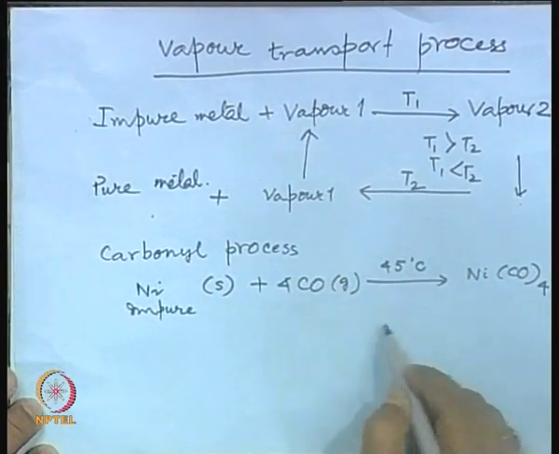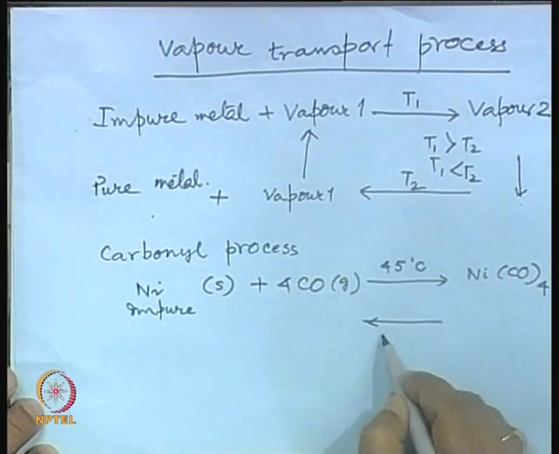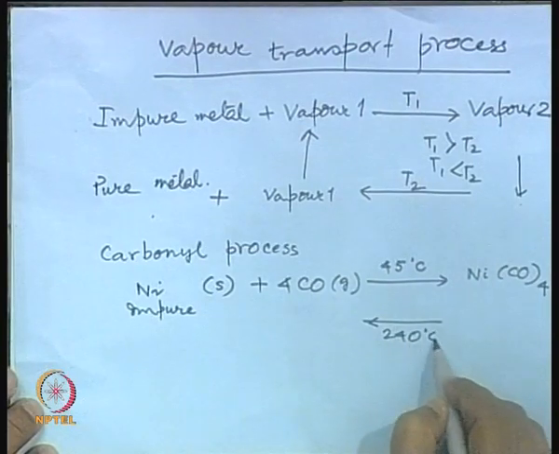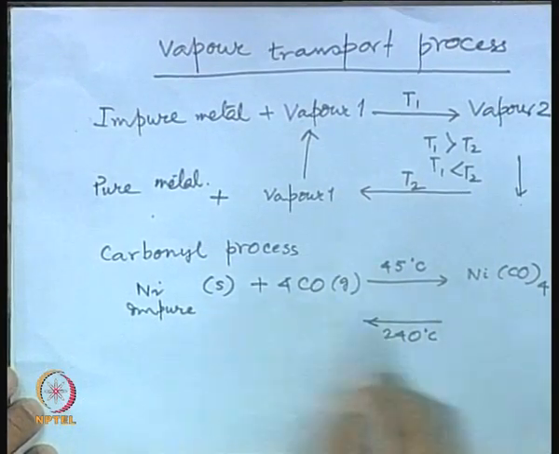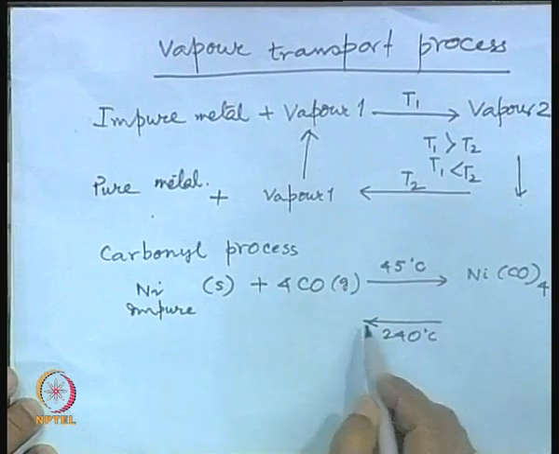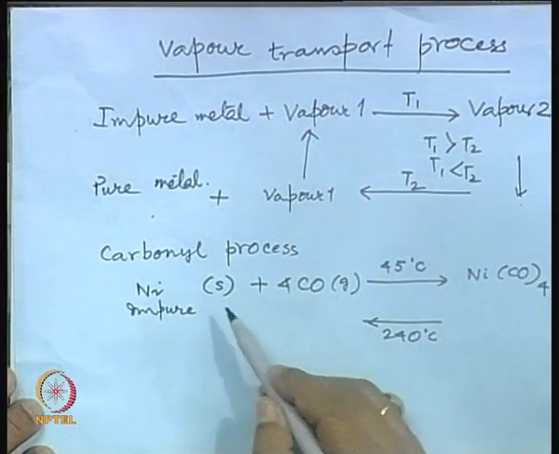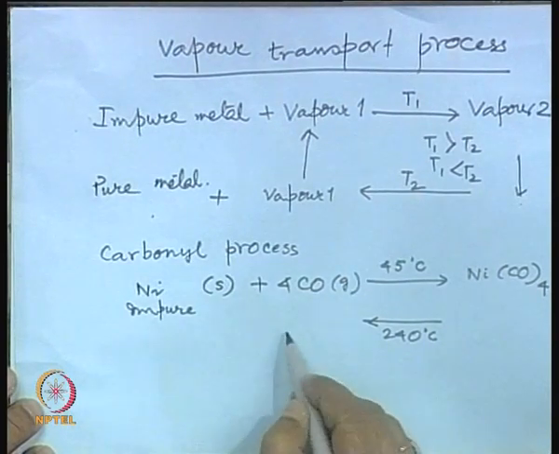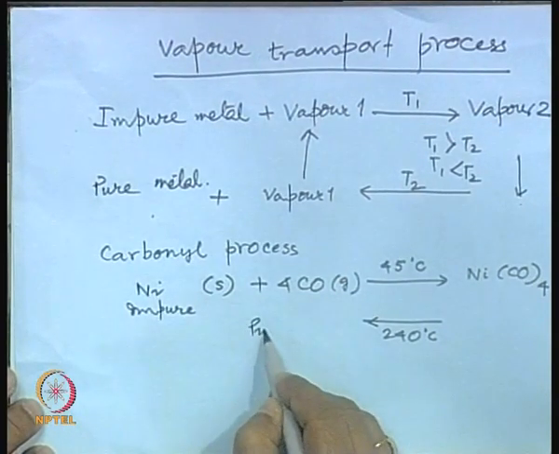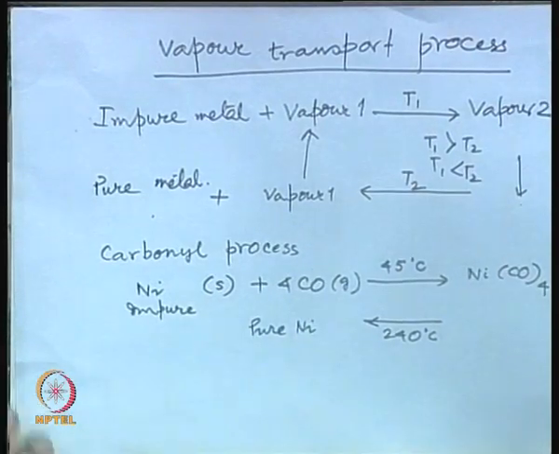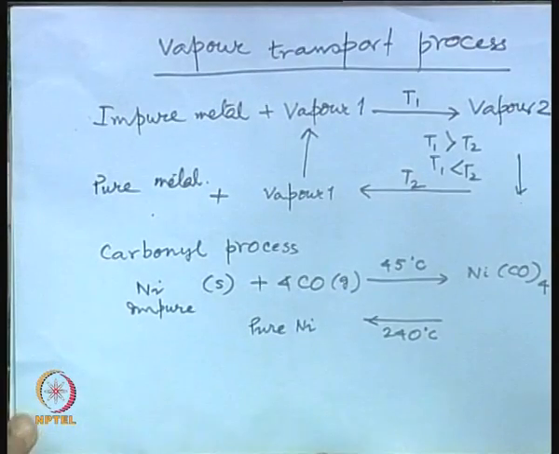This nickel carbonyl at a higher temperature, 240 degrees centigrade, decomposes and the reaction goes this way. So, you regenerate carbon monoxide and now you have pure nickel. It looks very easy, but such a process is very dangerous. Carbonyl is a very poisonous gas. Everything has to be done in a closed chamber.